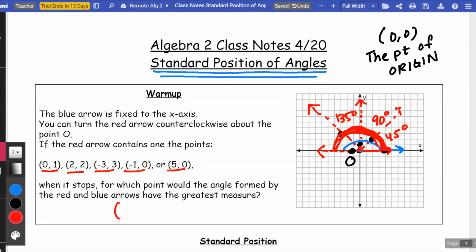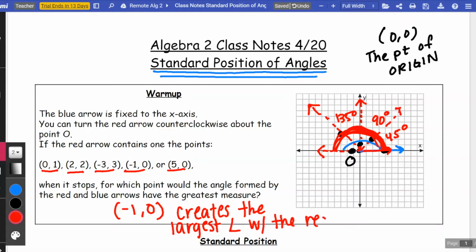So (-1, 0) creates the largest angle with the red and blue arrows. Hopefully that agrees with what you found as well.